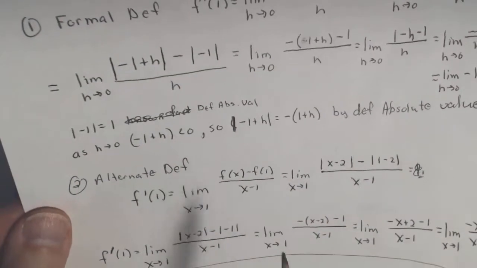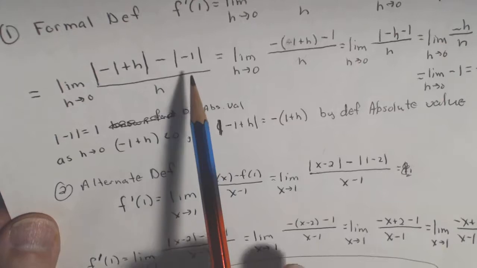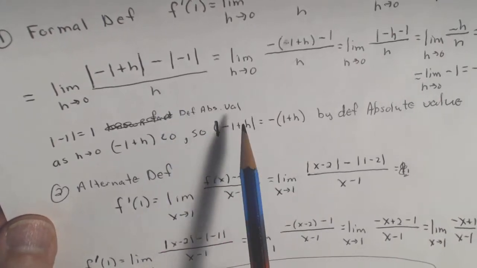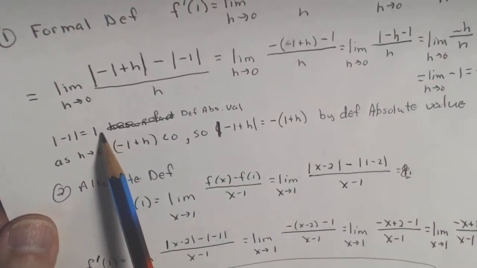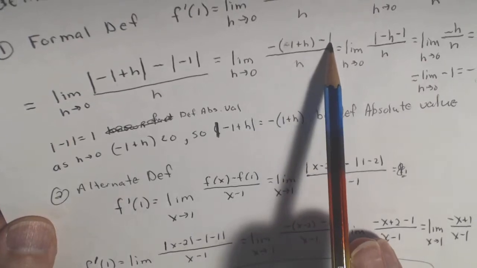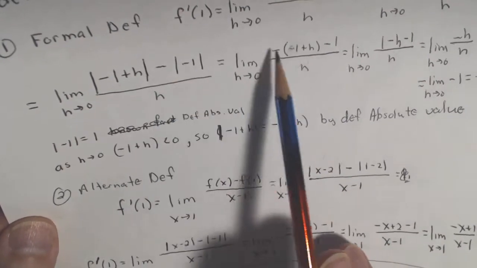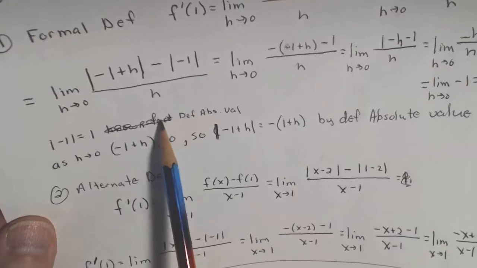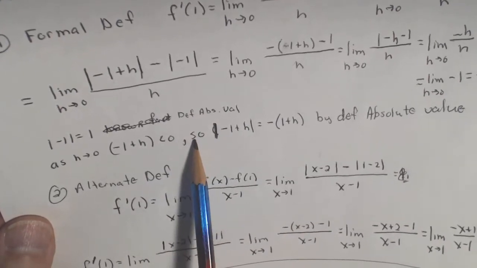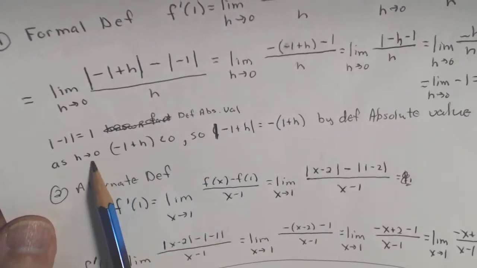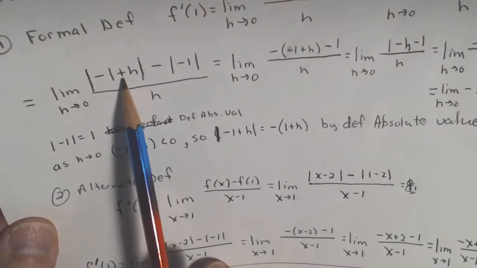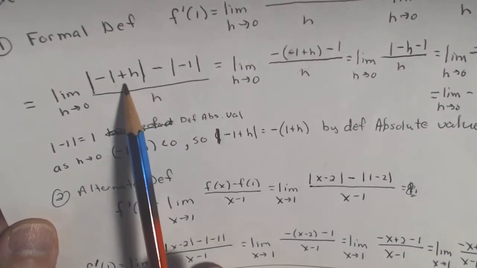Okay, then as you're looking at this guy, you know the absolute value of -1 is 1, so that's going to get filled in right there. So the minus is from the fact you're subtracting, and you just make the argument that as h approaches 0, this is getting close to -1, so it's got to be negative.